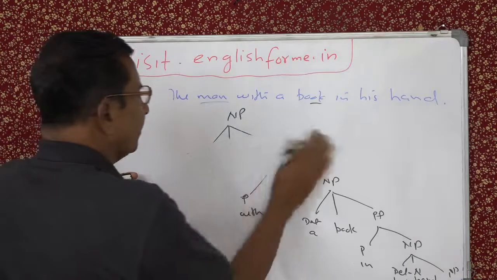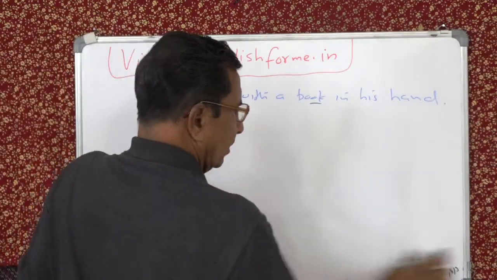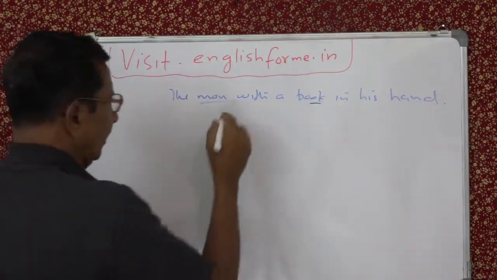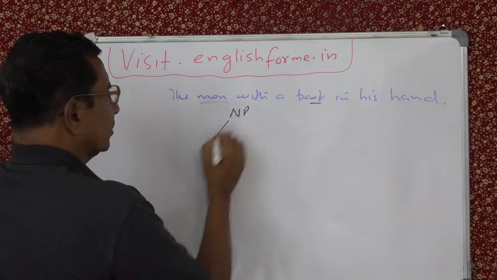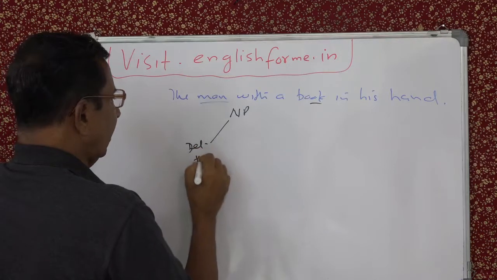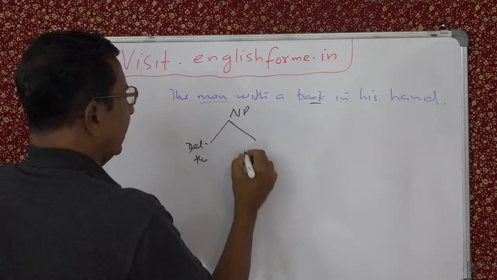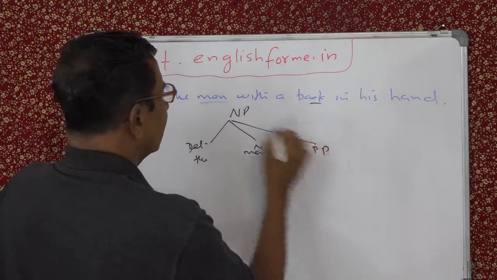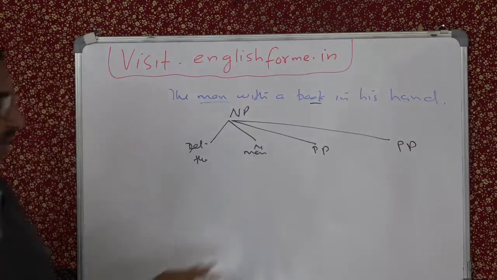There is another way, which I am telling before X-bar. You can say a flat structure like this. NP, the head is man, a noun. So this determiner, the, and then you have a man, noun, you have a PP, you have another PP. It is a flat presentation.